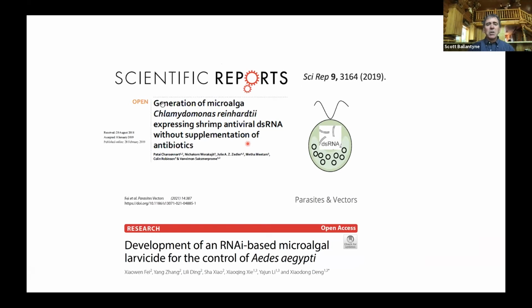And what they were able to show, at least in a contained setting in tanks, was that if you fed the shrimp this modified algae and then later challenged them with this virus, they were much more resistant to infection. And so really what I'm describing then is a type of vaccine, right? This algae is acting as a vaccine, and it's preventing these shrimp from becoming infected.